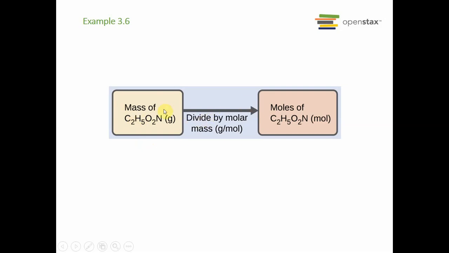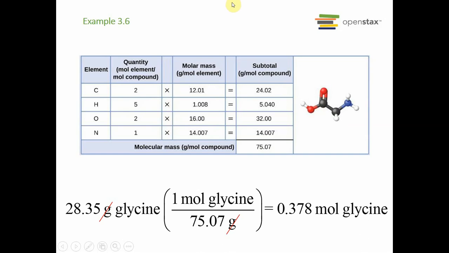So to go from the mass of this to the moles of that, you divide by the molecular weight, converting from grams to moles. Aha, glycine.